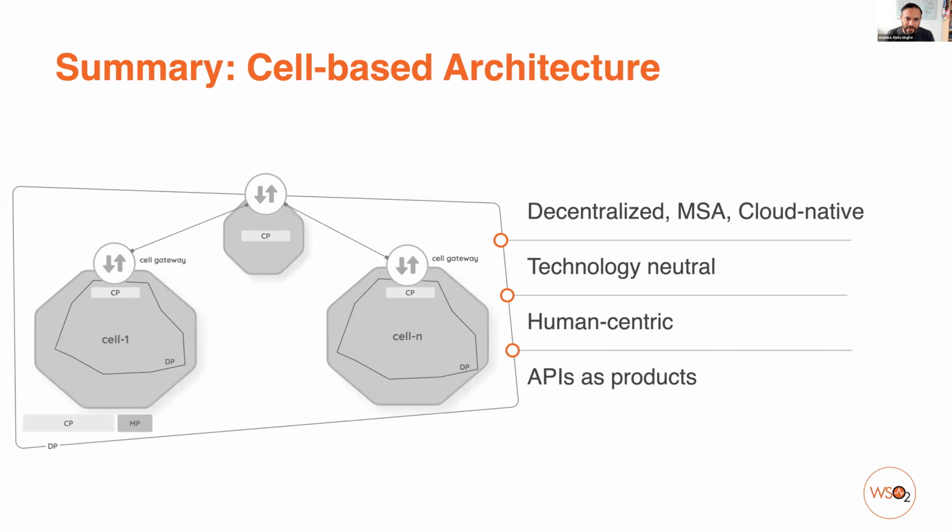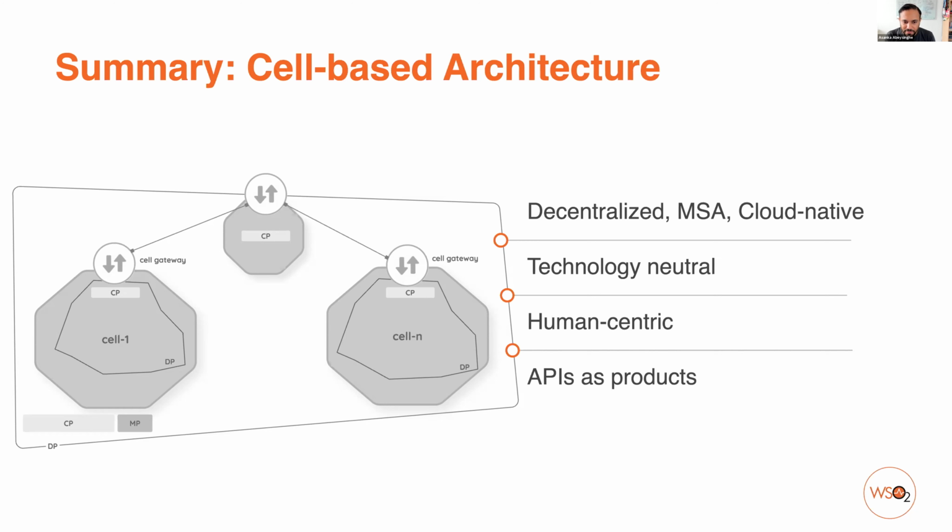If we summarize cell-based architecture as an overall enterprise or application architecture style, it's a decentralized microservices architecture, completely cloud native, that you can deploy in a cloud native environment. As I highlighted a couple of times, this is completely technology neutral, and it is human-centric because of the nature of the cell, which can map to a team.